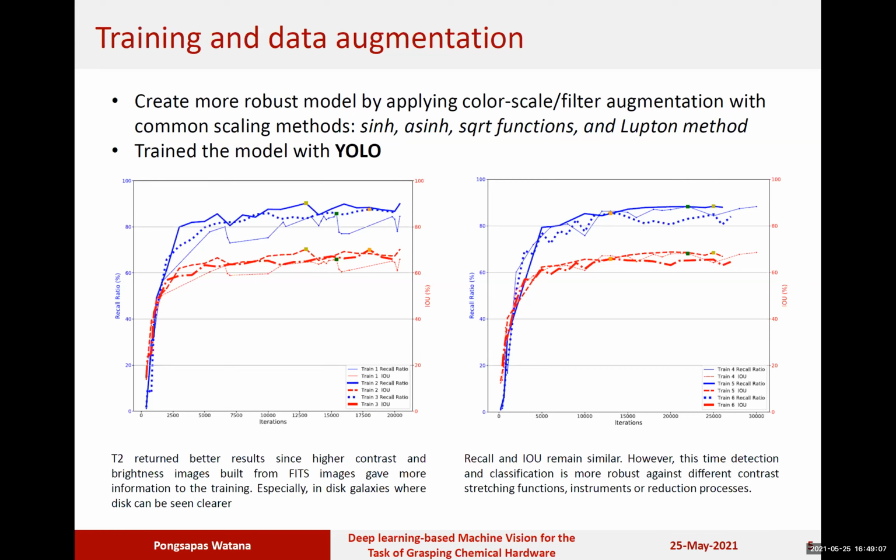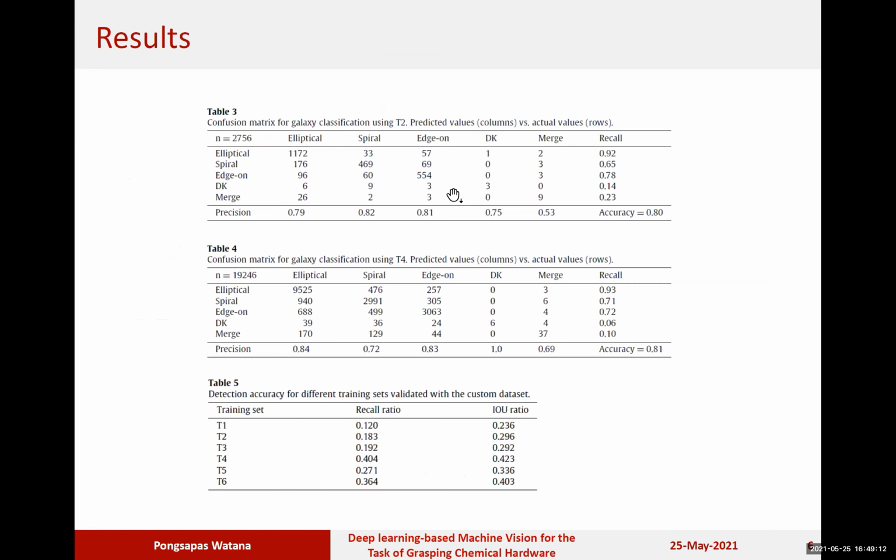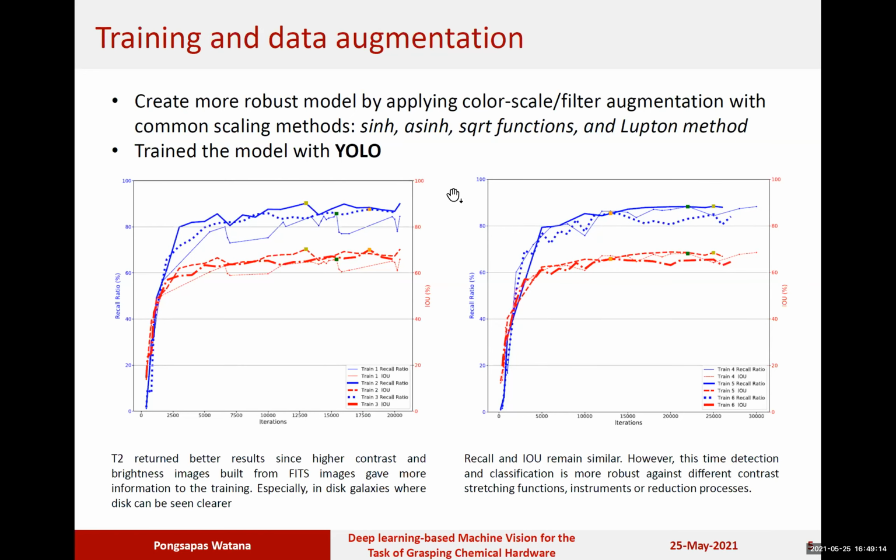They apply YOLO for training the model, and here are the training results. The left figure shows the results of the first 3 training sets, T1, T2, and T3.